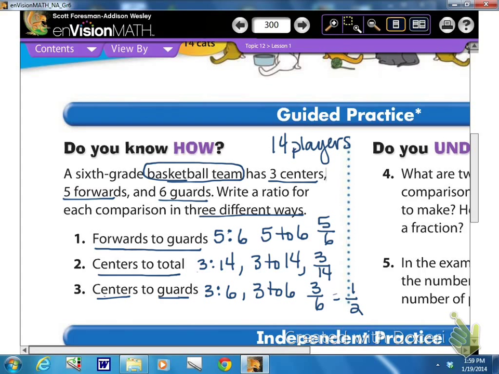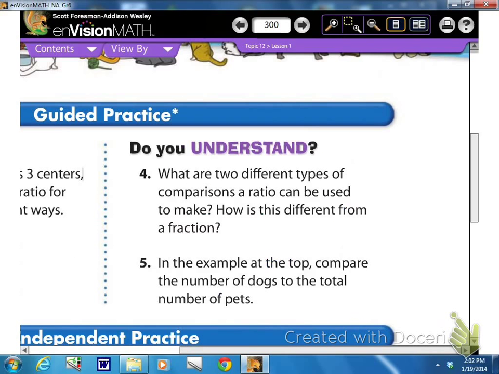All right, do you understand number 4? It asks, what are two different types of comparisons a ratio can be used to make, and how's this different from a fraction? Well, ratios can compare two numbers, and we have said that they can compare part to part, or part to whole.